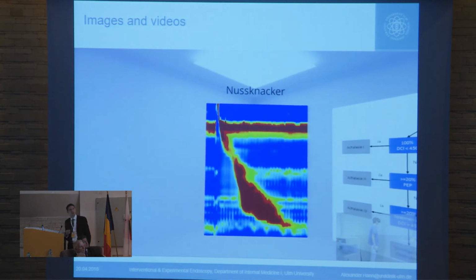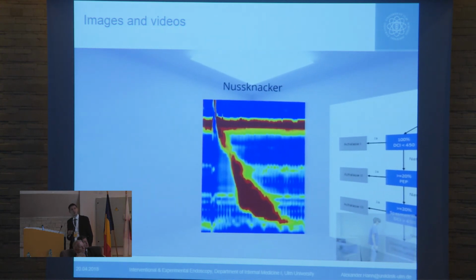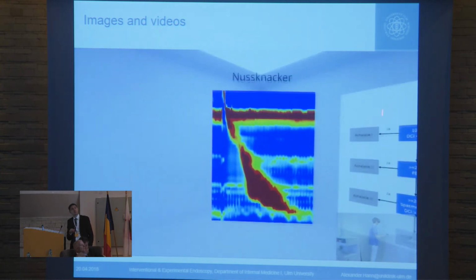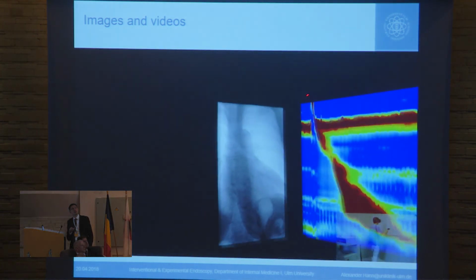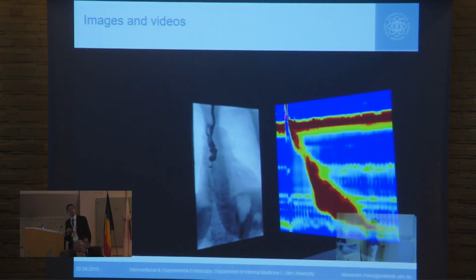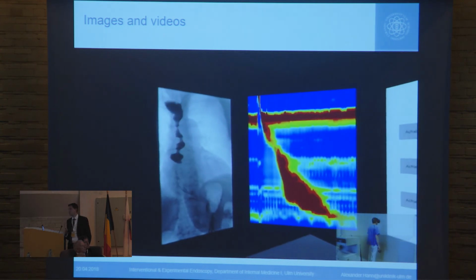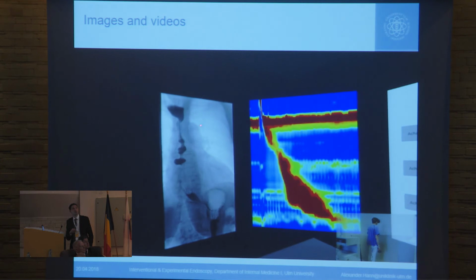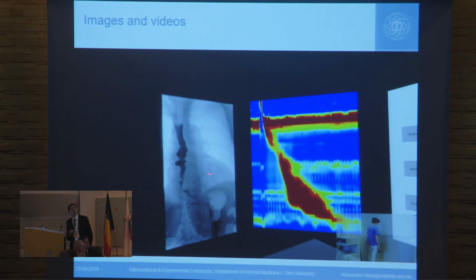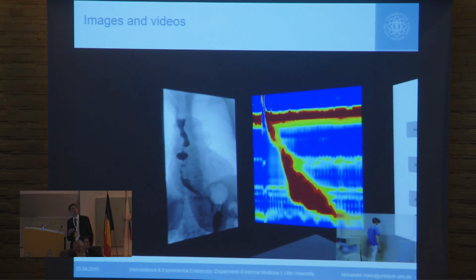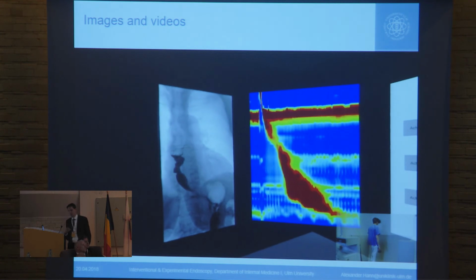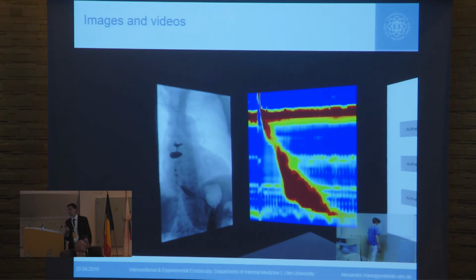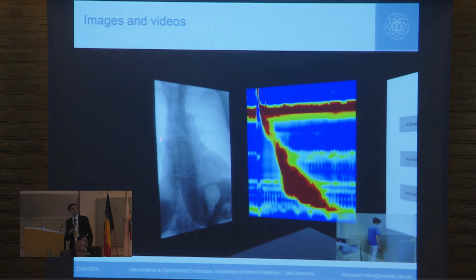dysmotility disorders, so esophageal dysmotility. So you can put in images like manometry images. You can also put in radiological studies that the patient had, like this barium swallow, where you can admire how the barium passes the esophagus in this patient.